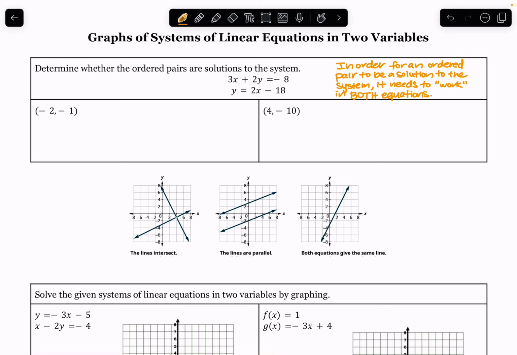Okay, so for an ordered pair to be a solution to the system, the ordered pair needs to work for both equations.